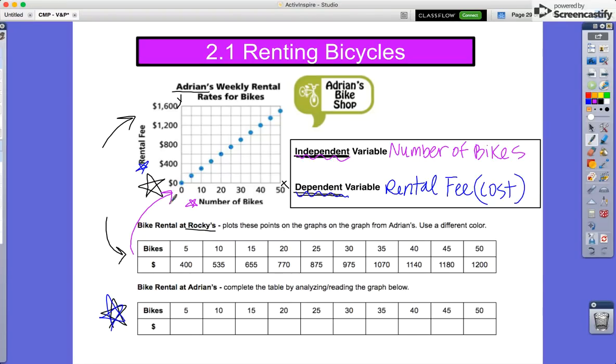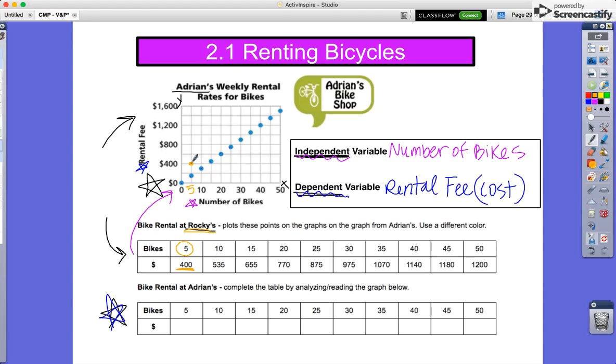So I'm going to use a different color just so we can see it a little bit easier for Rocky on the graph. So I see that at 5 bikes, it costs $400. So I know that 5 is going to be right in between 0 and 10. And at 5 bikes for Rocky, it's going to cost $400.